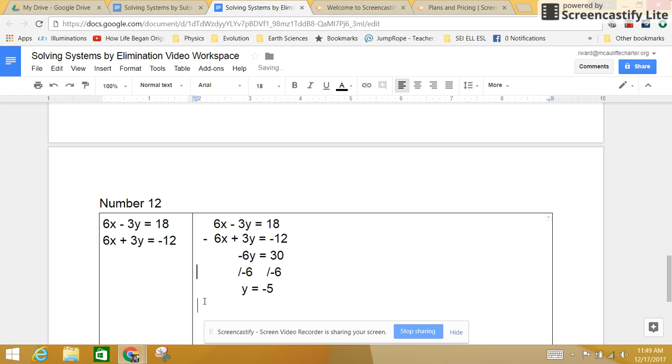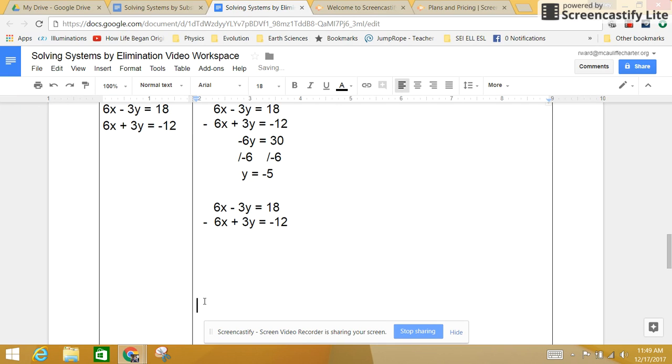Okay, I'm going to take the same equations down in my workspace here, and instead of subtracting, I'm going to add them, because if I add them, I can get rid of both negative 3y and positive 3y.